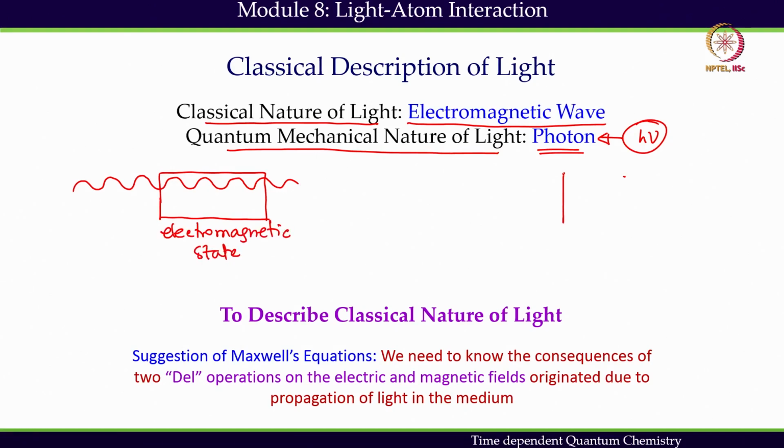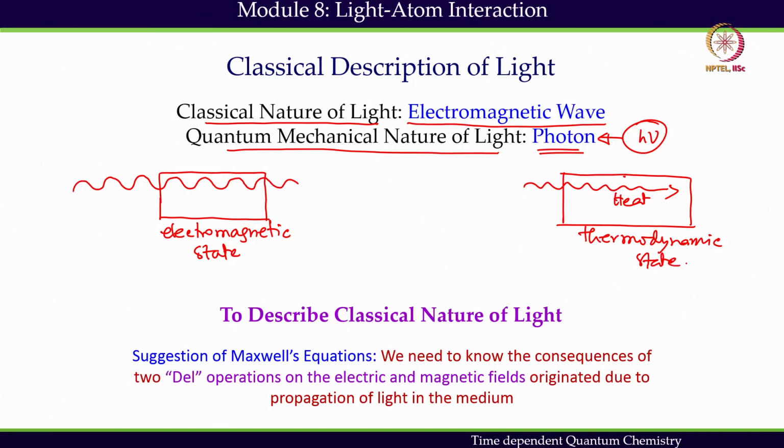It is just like when heat energy is propagating through the medium, its thermodynamic state changes, and the thermodynamic state of the medium is defined by physical quantities like temperature, pressure and volume that we know. It will follow the laws of thermodynamics to define this thermodynamic state.